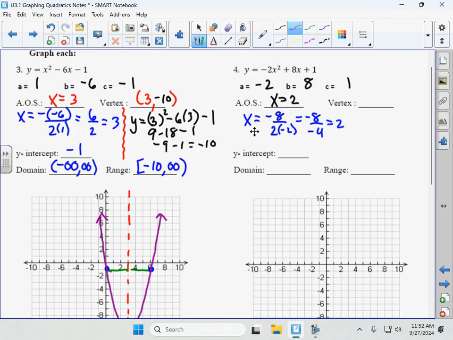All right, so then we can get our vertex. Take positive 2 and put it in the x position. And now take 2 and plug it in for all your x's, and then simplify like the y coordinate. All right, so y equals negative 2 times 2 squared plus 8 times 2 plus 1.